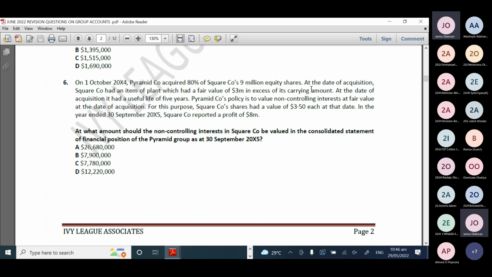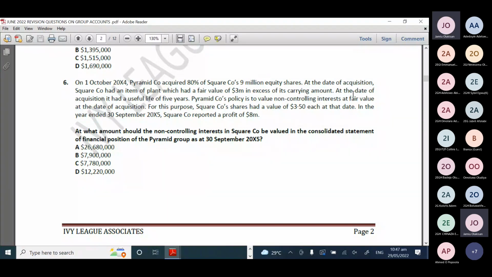In the question, at the date of acquisition, SquareCo had an item of plant which had a fair value of 3 million in excess of its carrying amount. That is a fair value adjustment, right? Ordinarily that one does not affect profit. Fair value adjustment affects the date of acquisition column in that net asset.